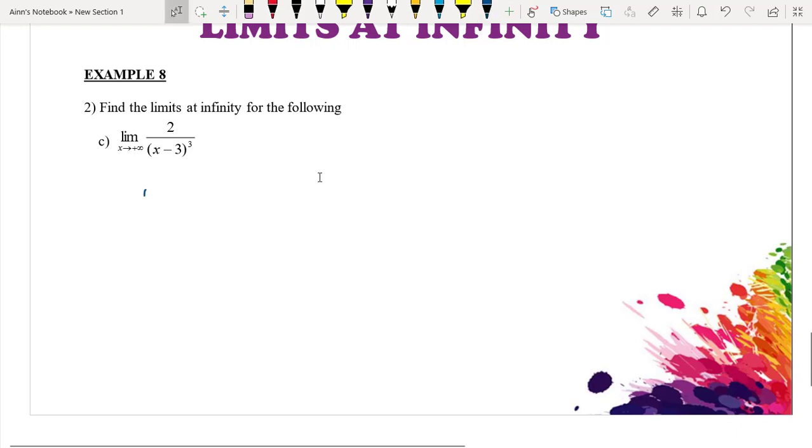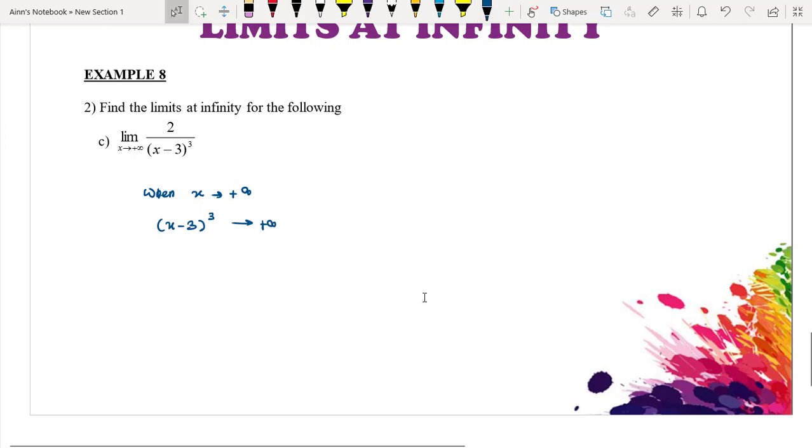We know that when x approaches positive infinity, (x minus 3) cubed will still approach positive infinity, because if we substitute infinity, minus 3, and raise it to a big power, we will still get positive infinity.